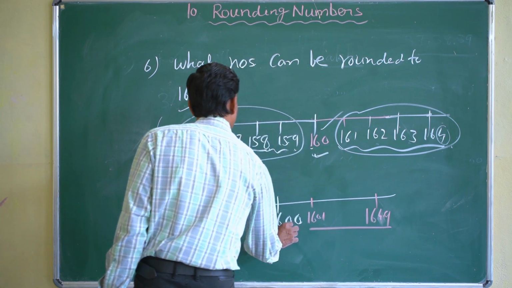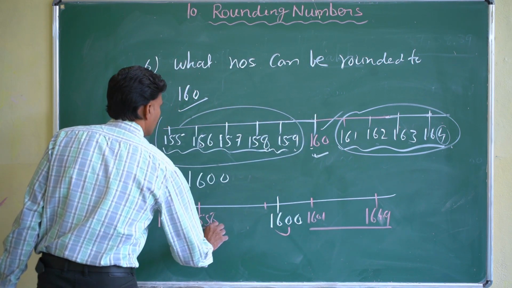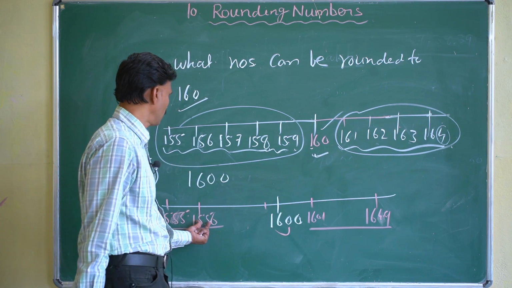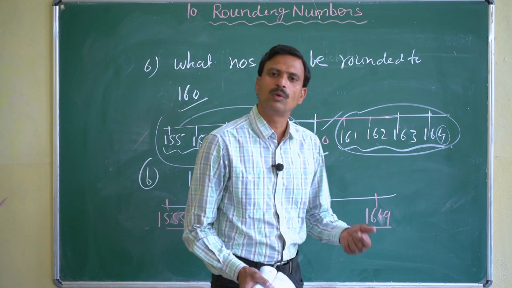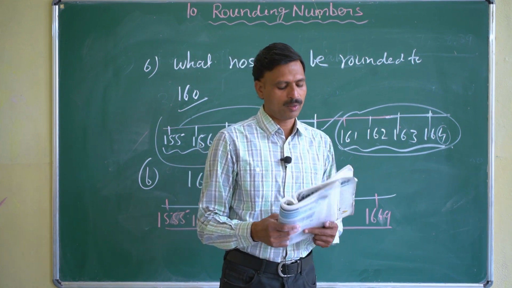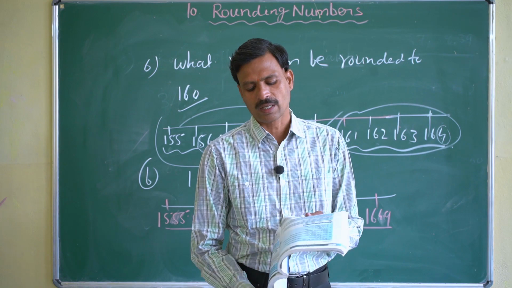These numbers are going to give 1600, because in the rule, 5 or more than 5 becomes 1 more, increase by 1. So this was the first exercise.